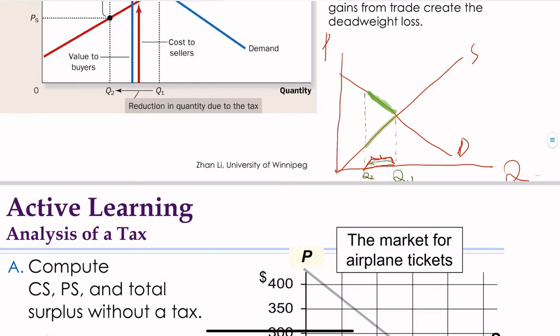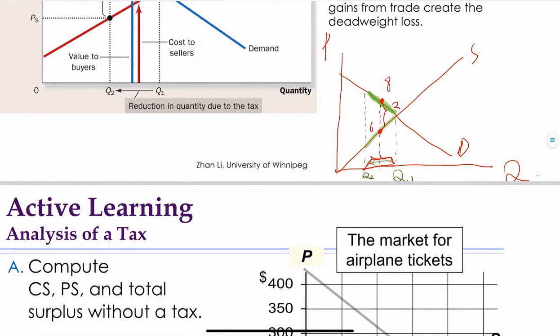You can pick up any quantity. For example, if you pick a quantity here, let's say this guy's willingness to pay is given by 8. Then the seller's cost has to be lower than 8, right? Let's say it's 6. Now you can see that obviously there is a value of 2 total surplus from this transaction, right?